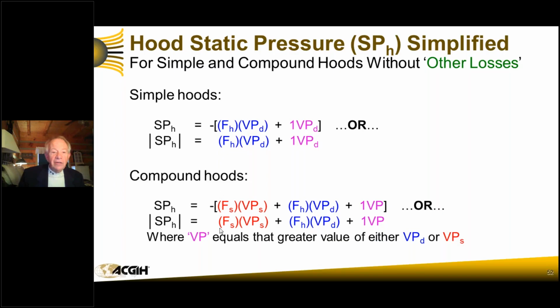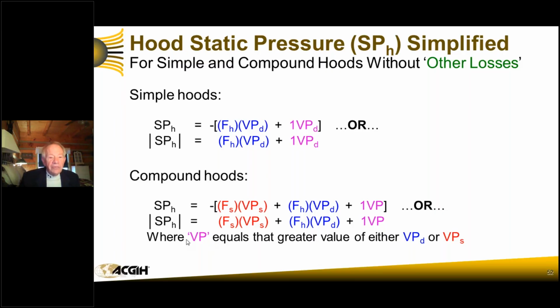So it doesn't cause your slotted hoods to have much greater resistance than one that does not have a slot, which would be our aerodynamic loss factor for the hood times the velocity pressure of our duct. Always remember, what's the 1 VP for? Say it together, acceleration. There we go.